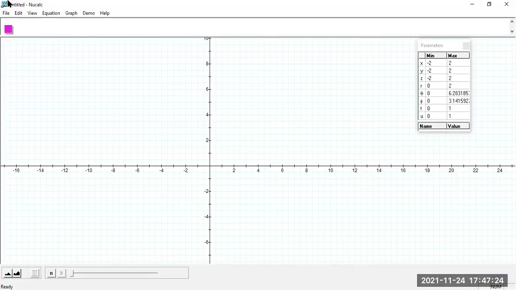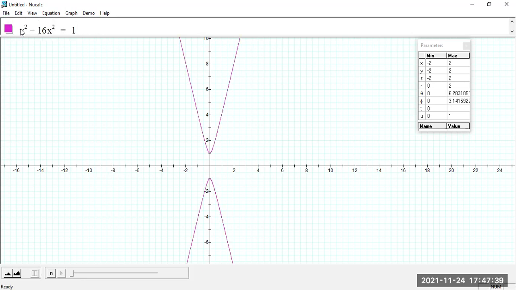So that will be y squared minus 16x squared equals 1. Yeah, that's what it looks like.